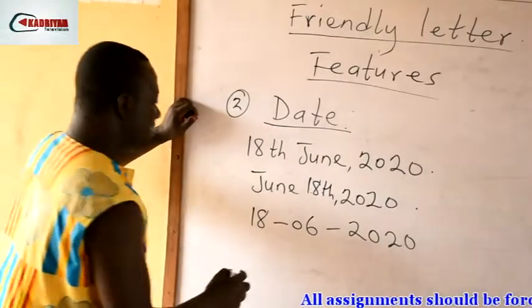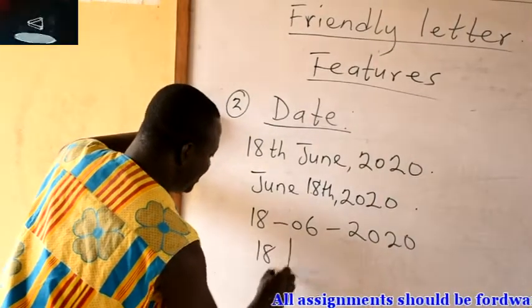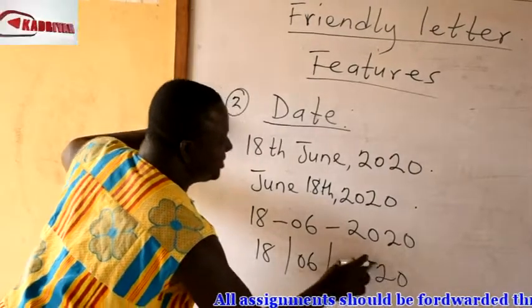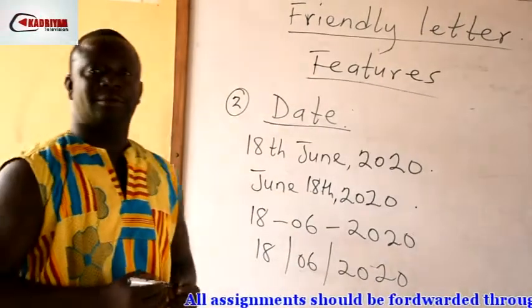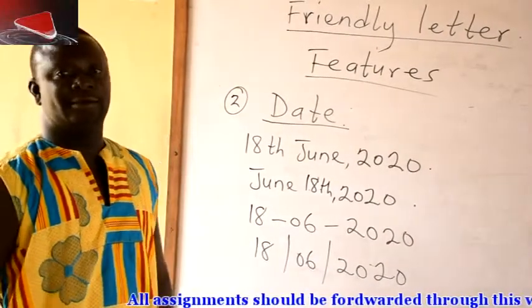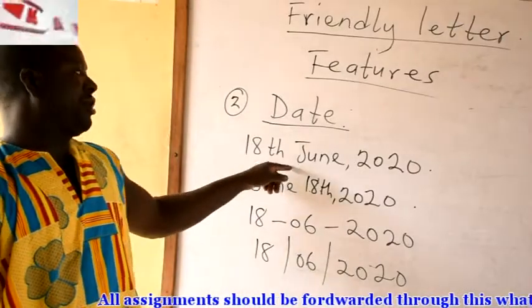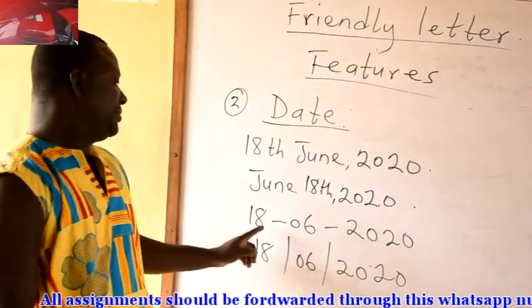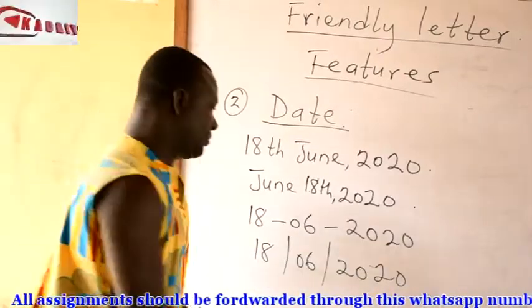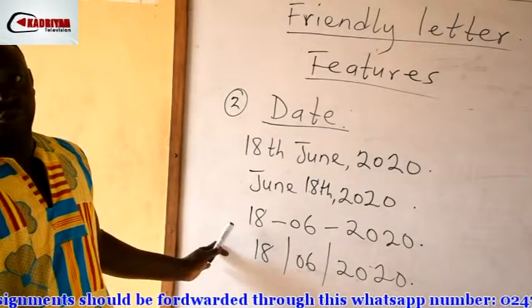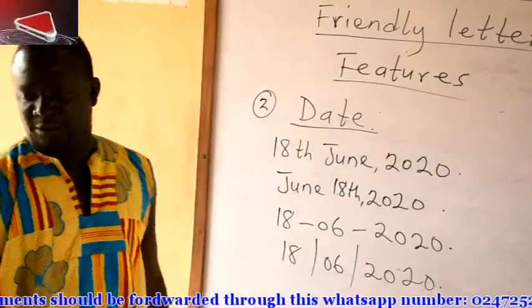You can also write this: 18th June 2020. Please choose one. Choose the one which you like. But make sure when you choose this one, comma is here, full stop is here. Then you bring the full stop here. That is the date for you. Any one you like, choose. The next one.